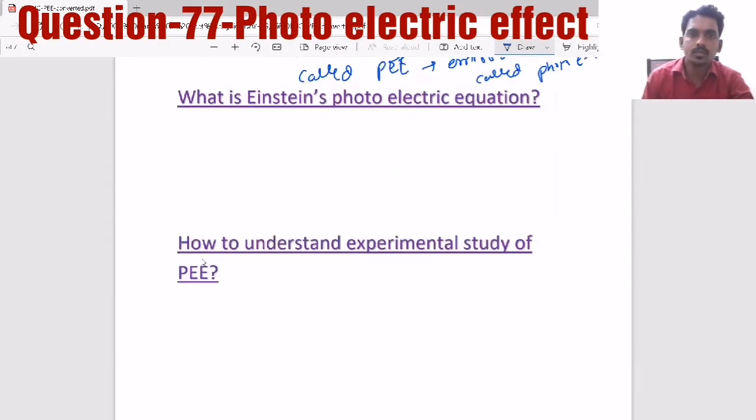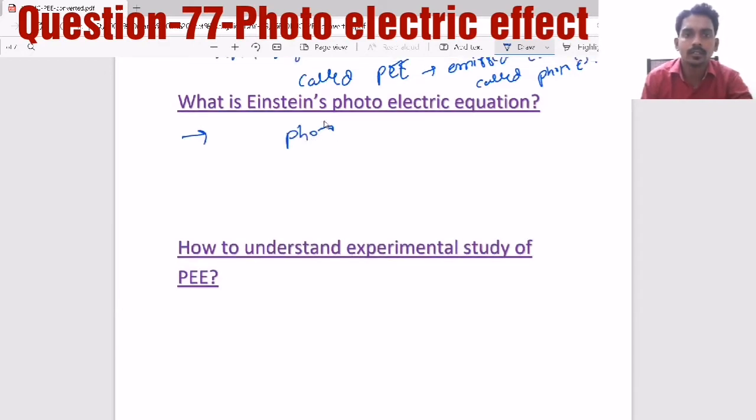Now for such photoelectric effect to occur, photon energy E equal to h nu equal to hc by lambda is greater than or equal to phi.